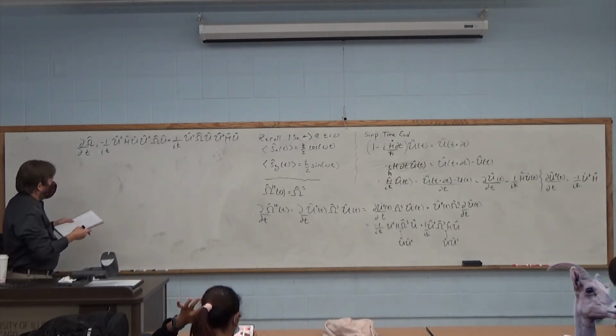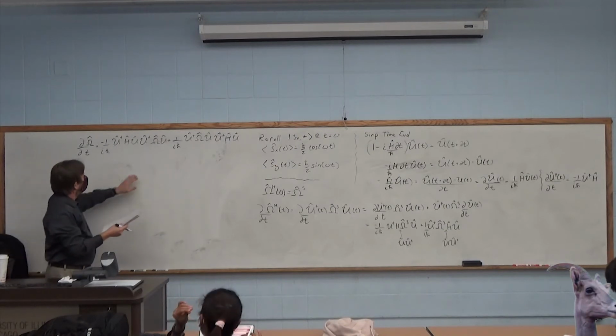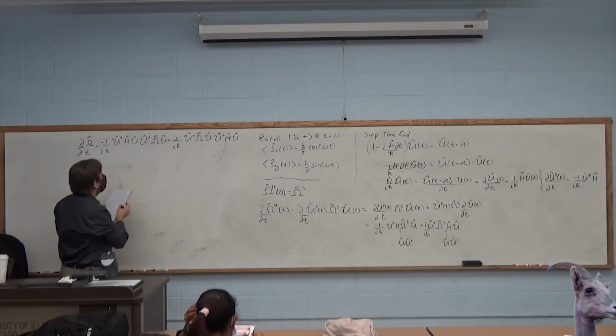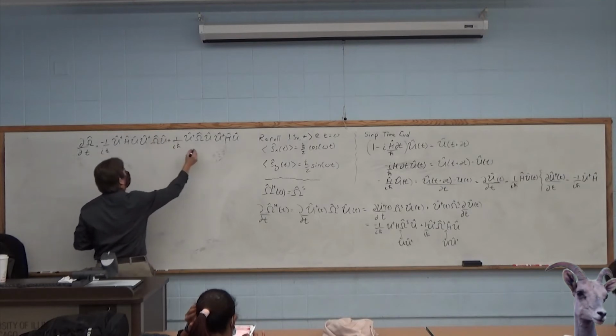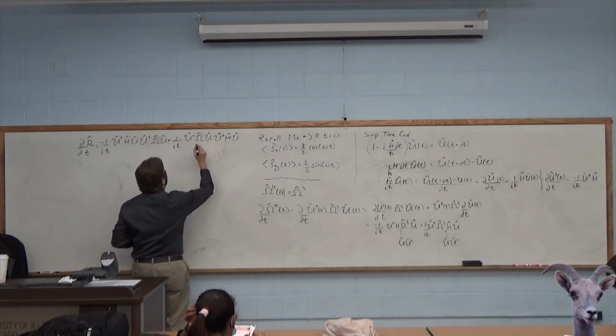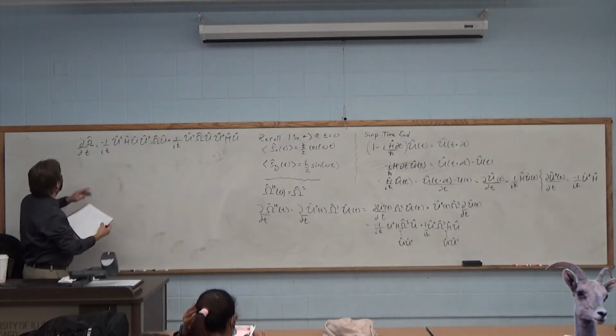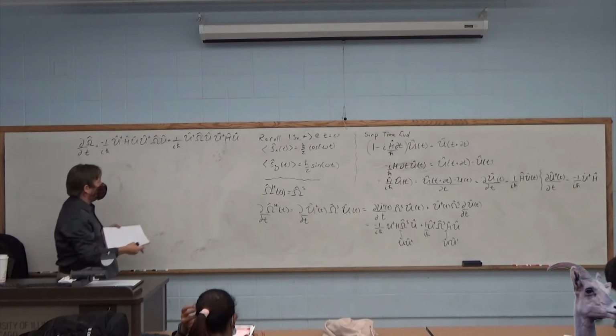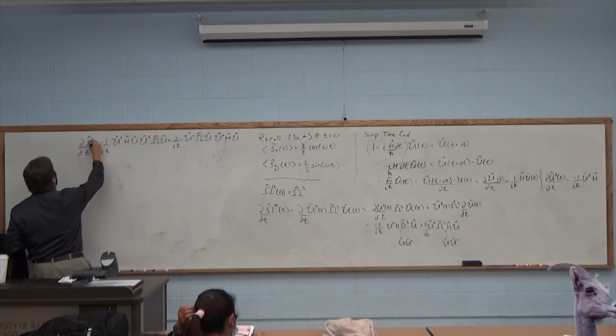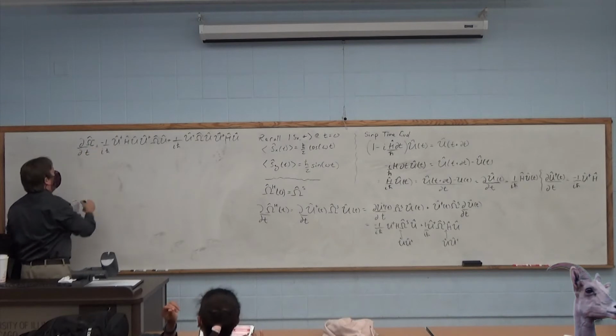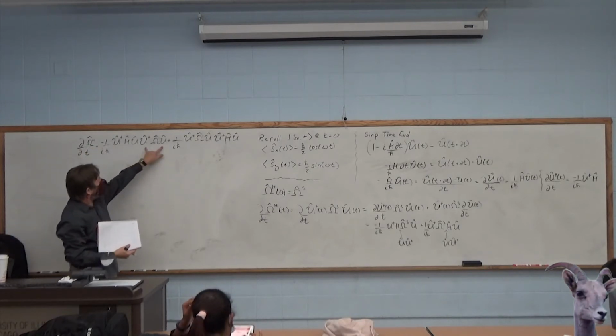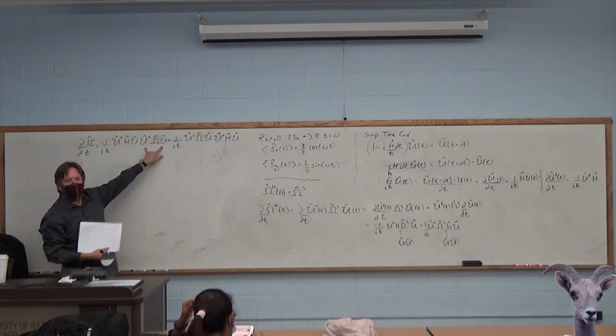So let's see here. I am evolving. So remember, this is the Schrodinger one. But notice what I've done here is I'm time evolving the Heisenberg time-dependent operator. And what have I got here?